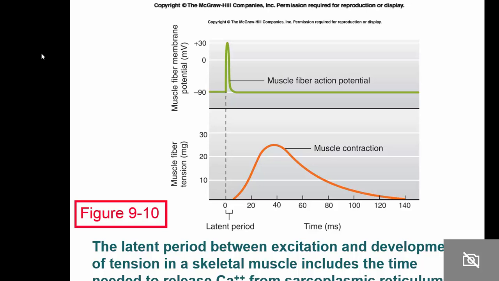Isometric means that there's no movement occurring. That's at this point here. Okay. And then this end of the curve down here is looking at what happens when you exceed the isometric contraction point, meaning that whatever the load is heavier than what you can hold, right?